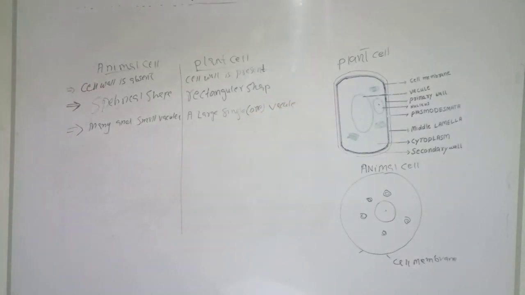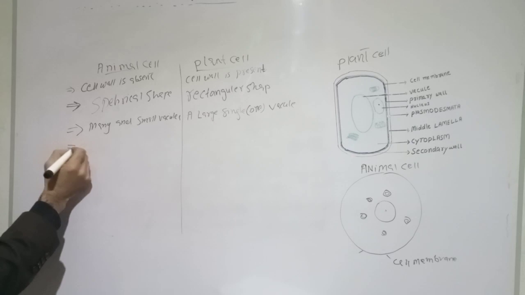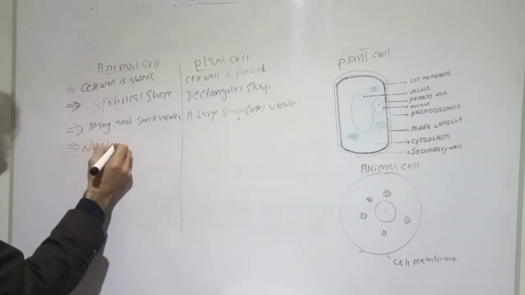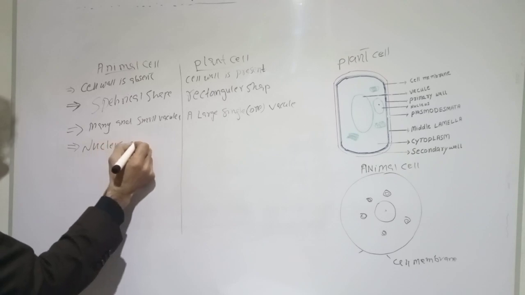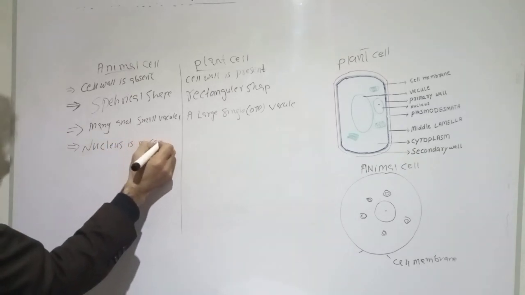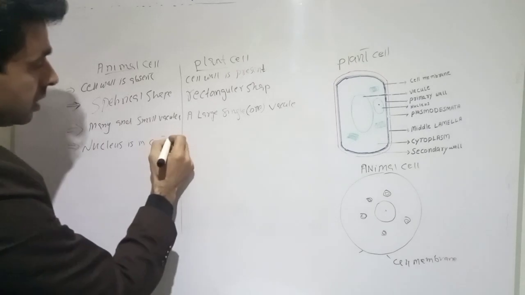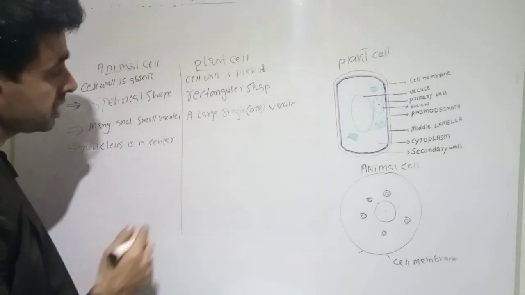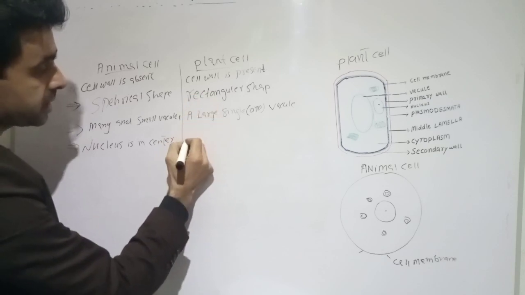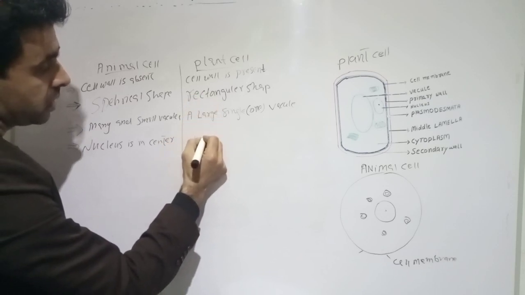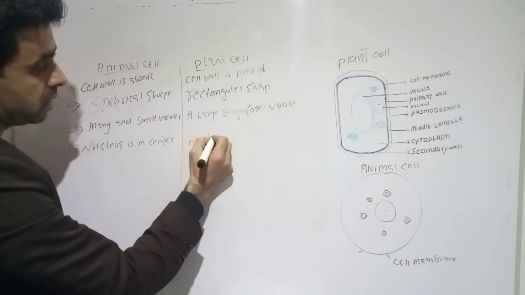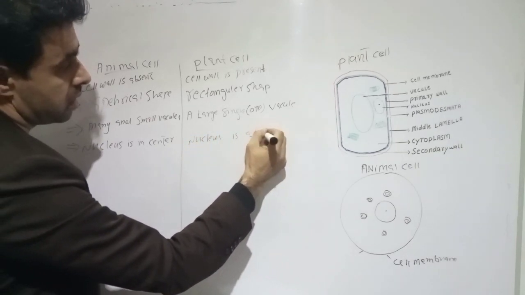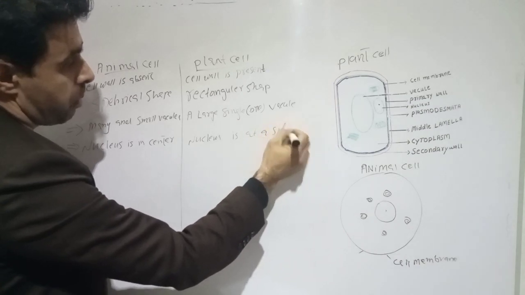Now the fourth one, nucleus. In animal cell, the nucleus is in center, and in plant cell, the nucleus is at side.